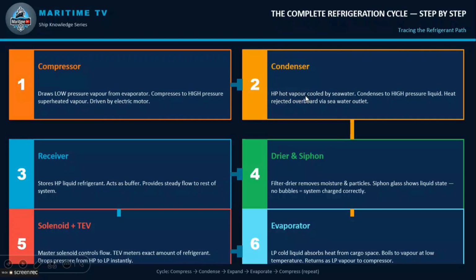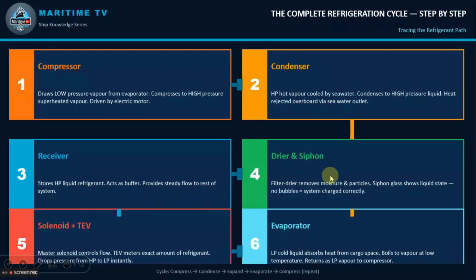High pressure hot vapor is cooled by seawater, condensed to high pressure liquid. Heat is rejected overboard through the seawater outlet. Also, we have a receiver. The receiver stores HP liquid refrigerant. It acts as a buffer, provides steady flow to the rest of the system.